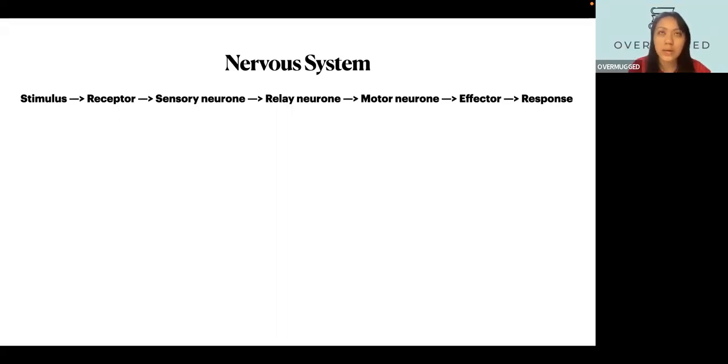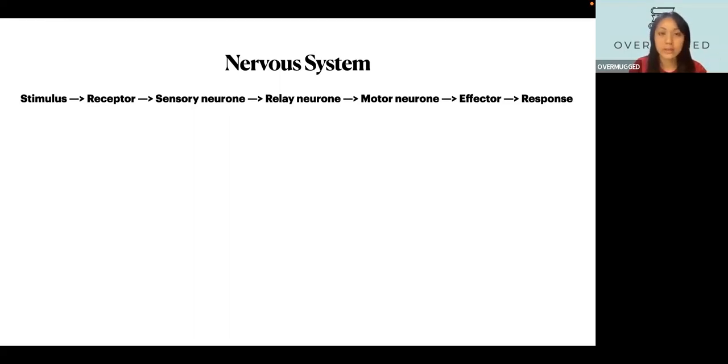I think there will be 1 mark, so you should be able to answer that as well. So what is the function of the sensory neuron? It receives signals from the receptor, and then sends them to the relay neuron or the central nervous system. The relay neuron transmits nerve impulses from the sensory neuron to the motor neuron, and the motor neuron receives nerve impulses from the relay neuron and then transmits them to the effector.